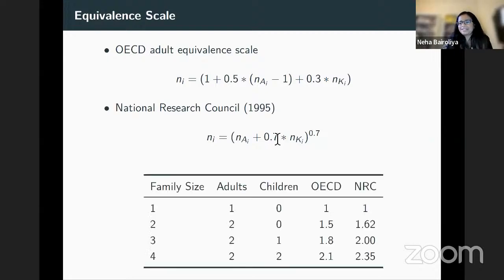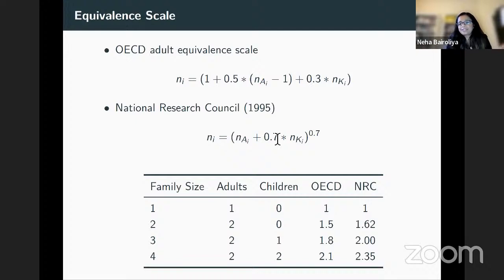So just to give you an idea how these scales are different, because the denominator is important, the adjustment is important, right? How you're adjusting for this family size. If there's a family size of 1, it doesn't matter, right? All the scales would be the same. If there's a family size of 2, and these are both adults, then clearly the OECD scale is somewhat different.